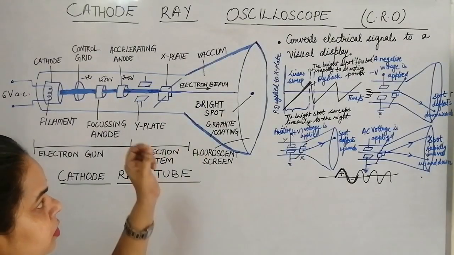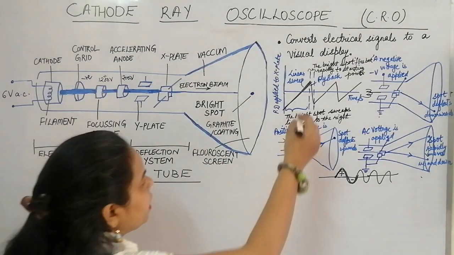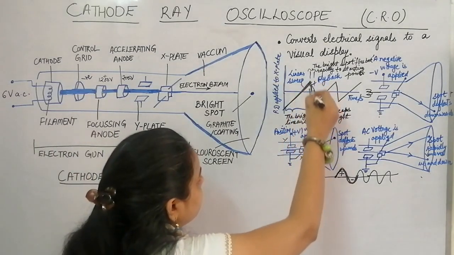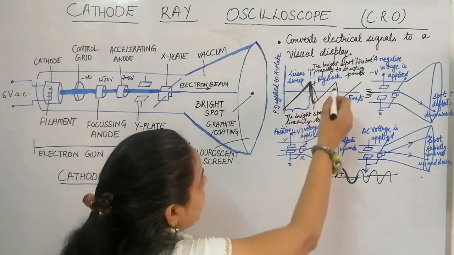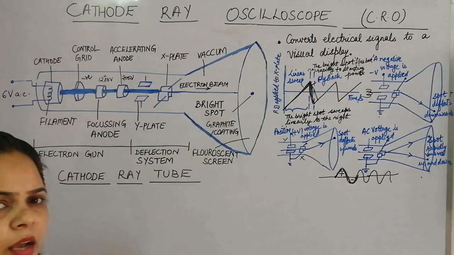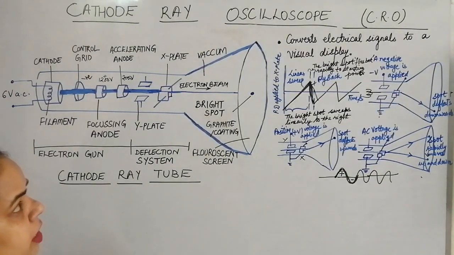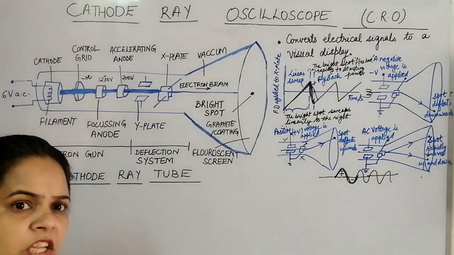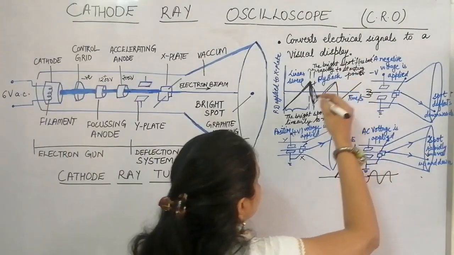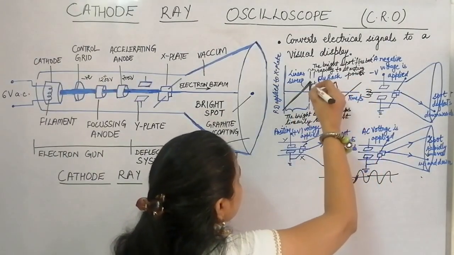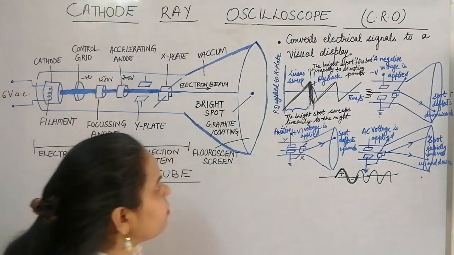And when some more is applied, then again it comes back, and this line is called the flyback, where the bright spot rapidly flies back to the initial point from where it started, and then again it starts rising. So this is called the linear sweep, and this is called the flyback.